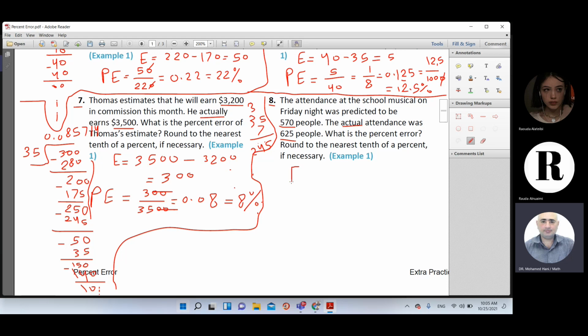So first, find the error. The error will be 625 minus 570. The answer will be 45. Oh, sorry, 55.